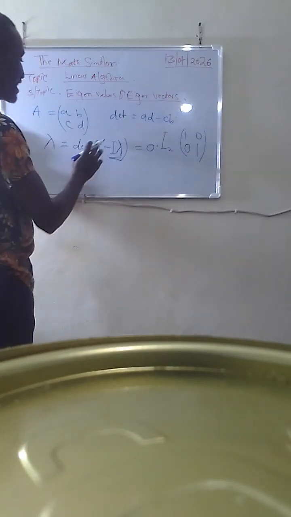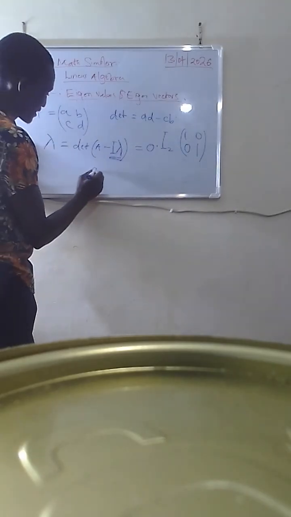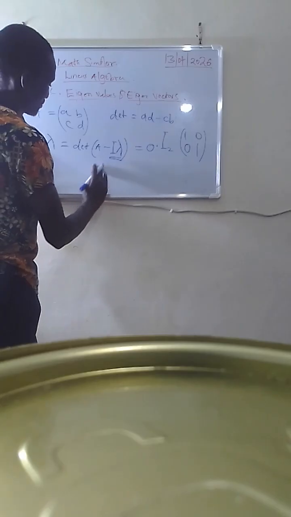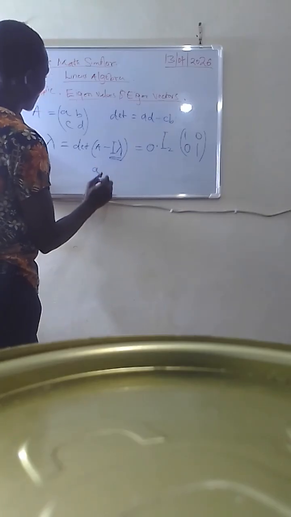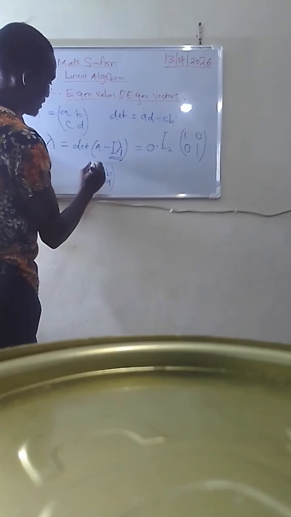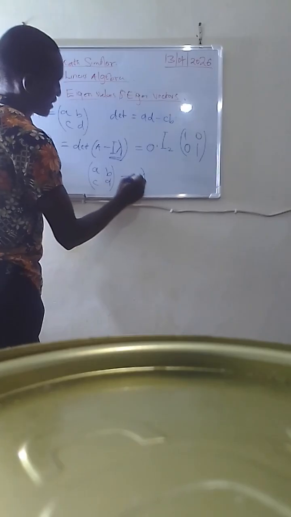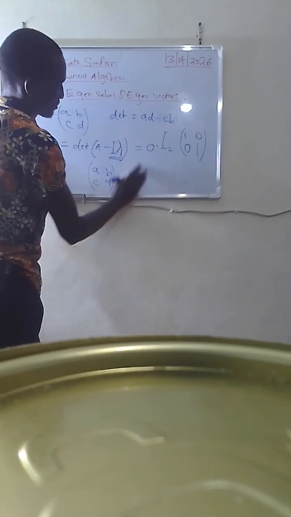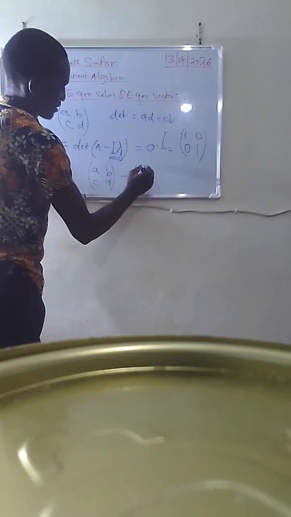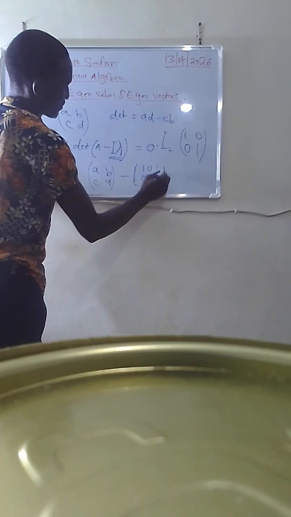And here we have our A, which is A, B, C, D, minus I, which is 1, 0, 0, 1, multiplied by lambda.